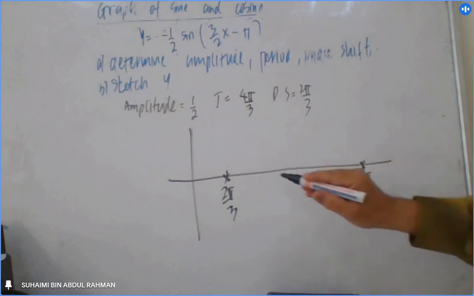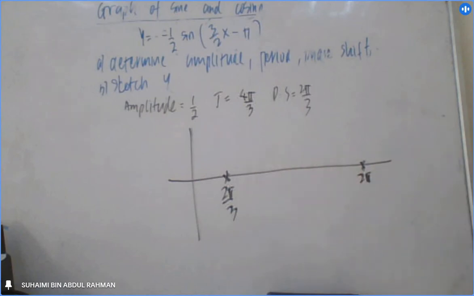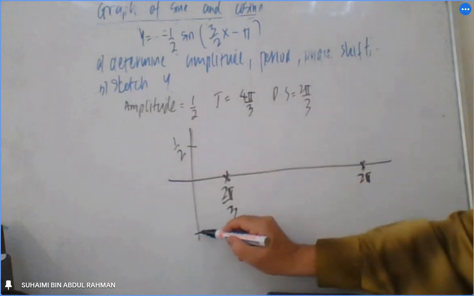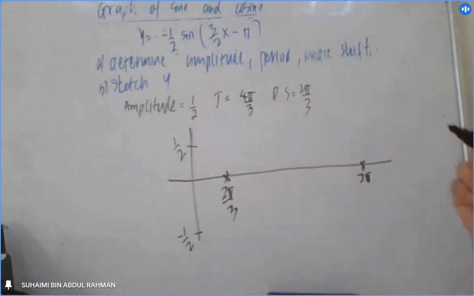Because the duration from 2 pi over 3 to 2 pi is 4 pi over 3, because one period is 4 pi over 3. Amplitude is 1 over 2, minus 1 over 2.